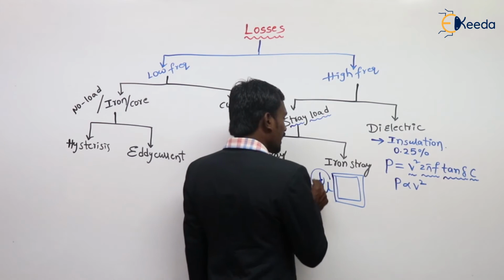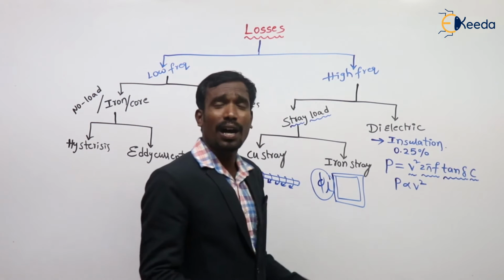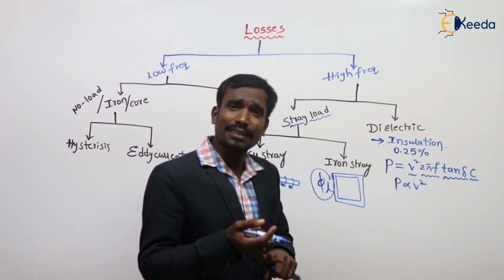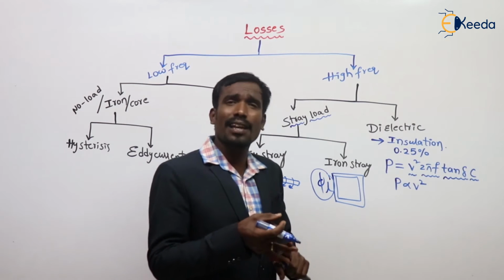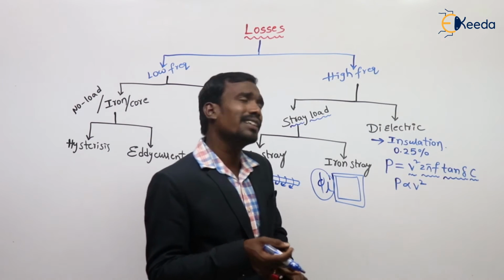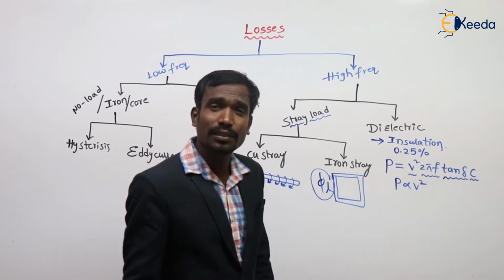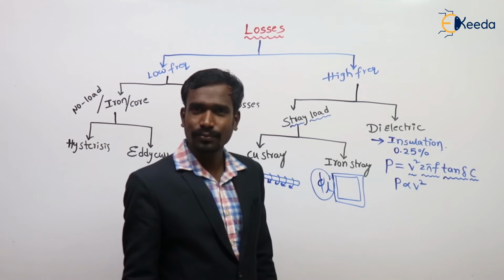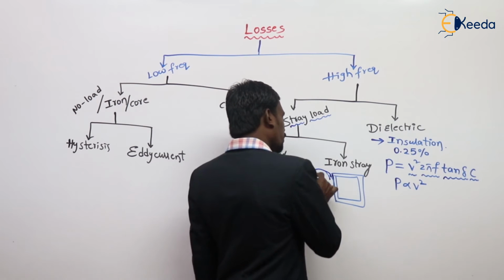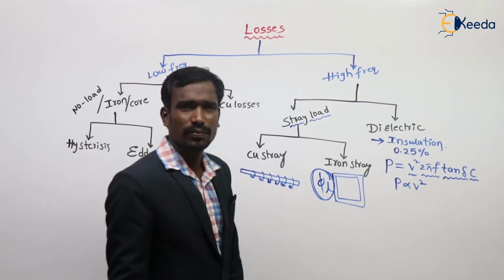When this leakage flux interacts with the core, the transformer tank or any steel rods, some losses will take place. That is called iron stray load losses. This is mainly due to leakage flux.